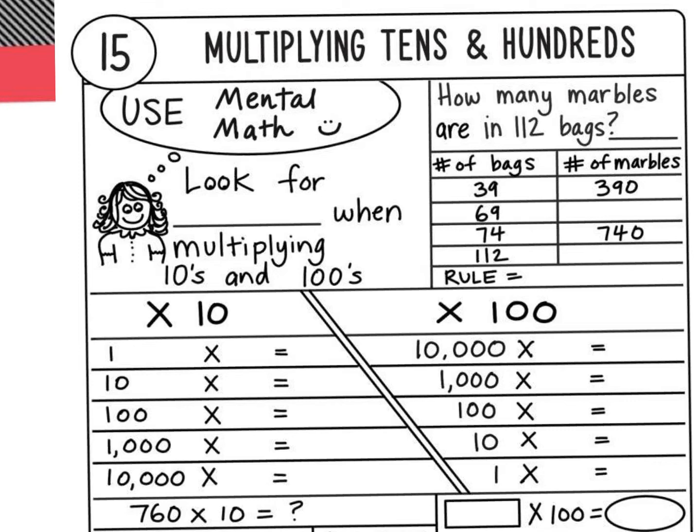Okay, so when we're multiplying by tens and hundreds, we want to look for patterns. So remember, if I'm writing, you're writing. Anytime I'm multiplying tens and hundreds, you're going to look for patterns.